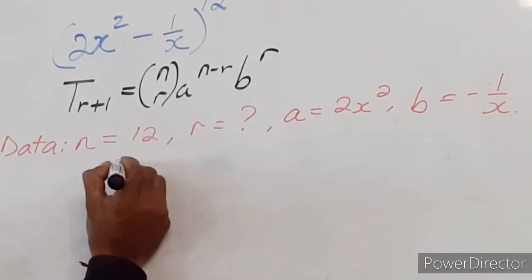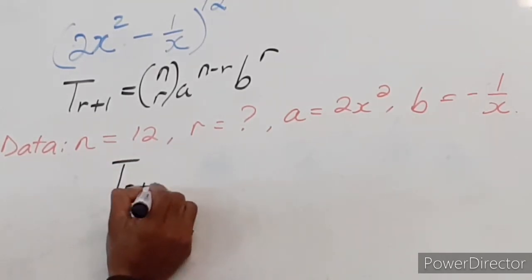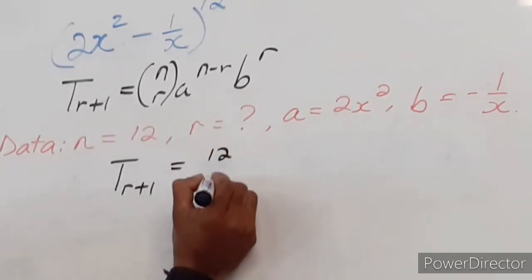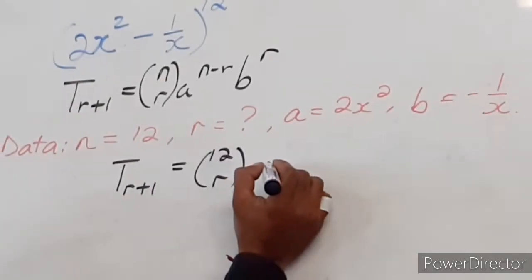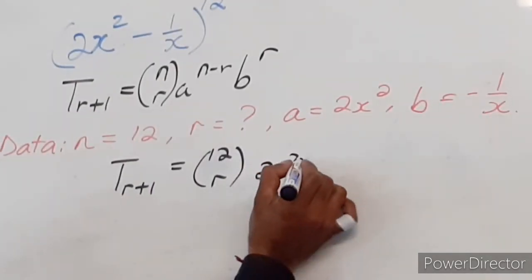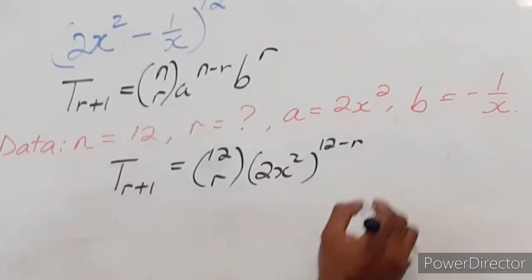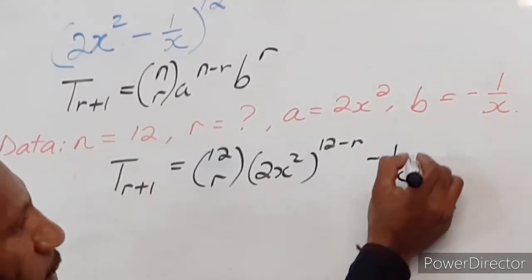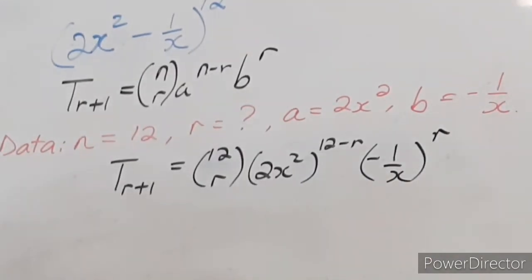Now we will substitute into the general term. T_(r+1) is equal to n is 12 on r, then a to the power of n minus r, a is 2x squared to the power of 12 minus r, b is negative 1 on x to the power of r.